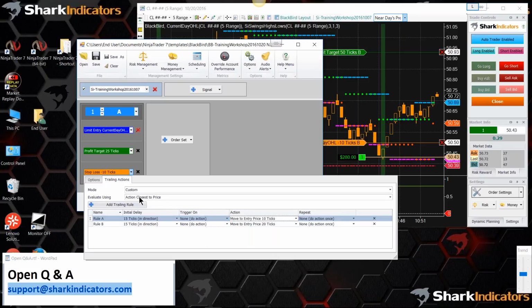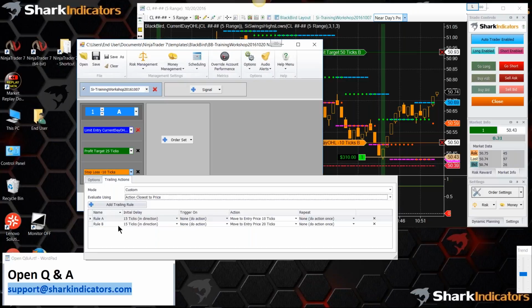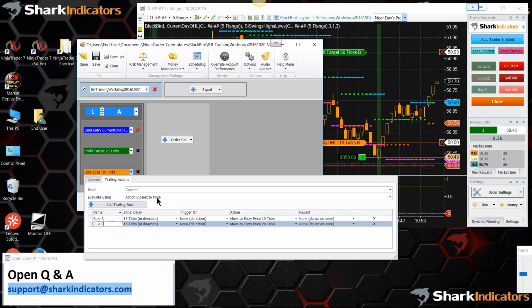So if we have closest to price, if we leave the default settings here for evaluate using our default settings, then definitely rule B is going to have the priority because it's moving our stop loss 20 ticks above our entry price, which is going to be closest to where the market price is, right? If that makes sense.